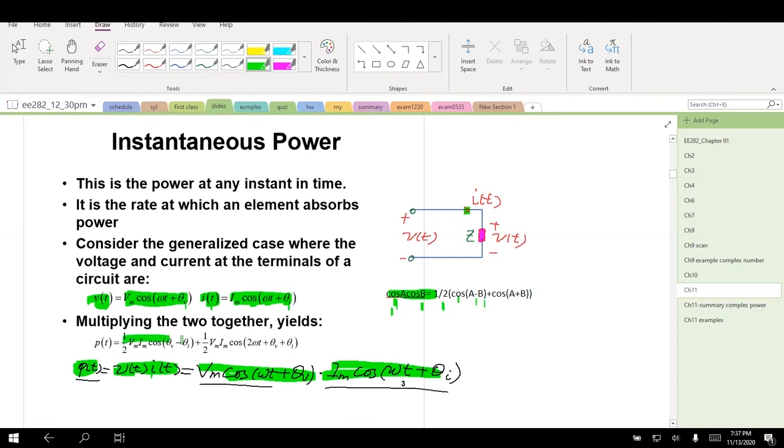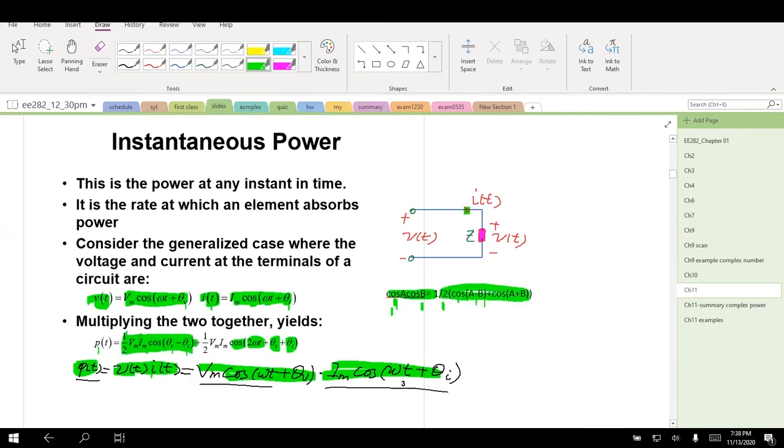We obtain this equation here, the instantaneous power, which equals half Vm Im cosine(theta V minus theta I), plus half Vm Im cosine(2 omega t plus theta V plus theta I). That's exactly where we applied this formula.